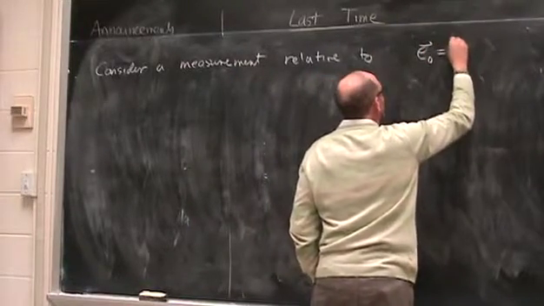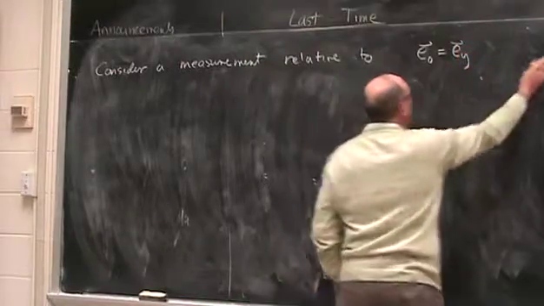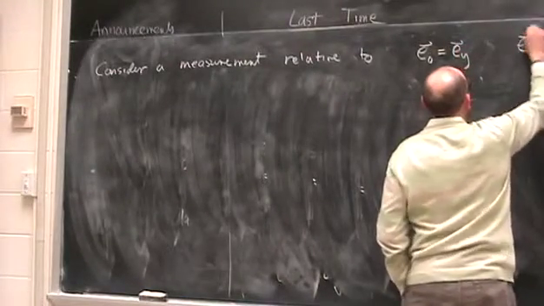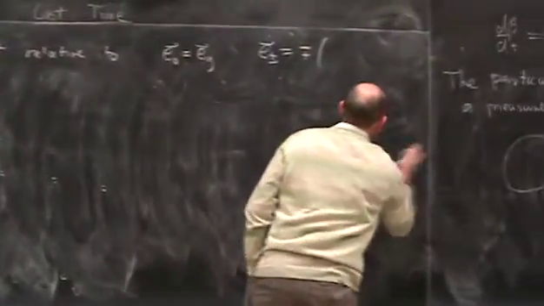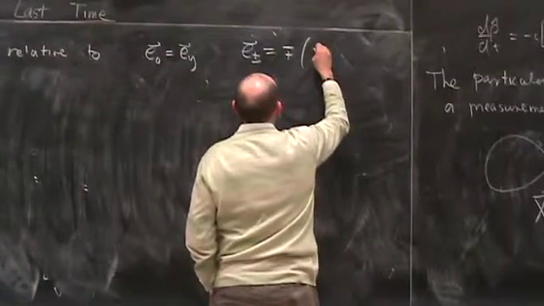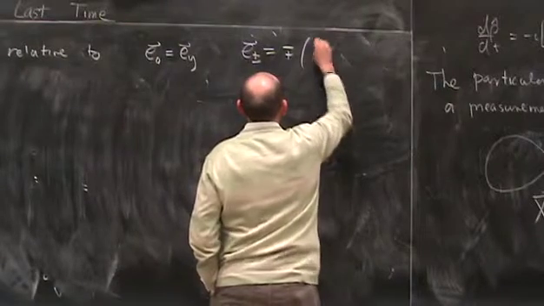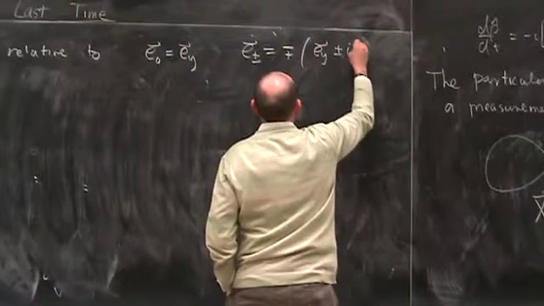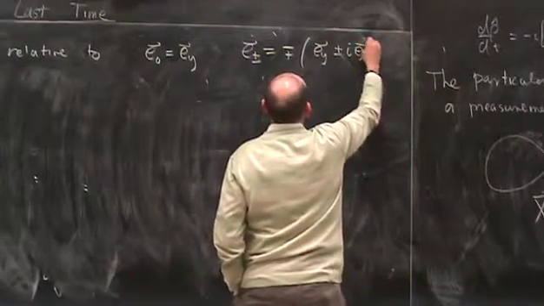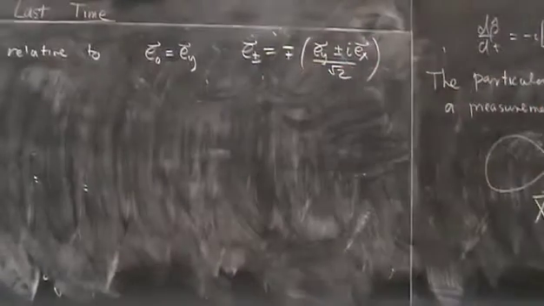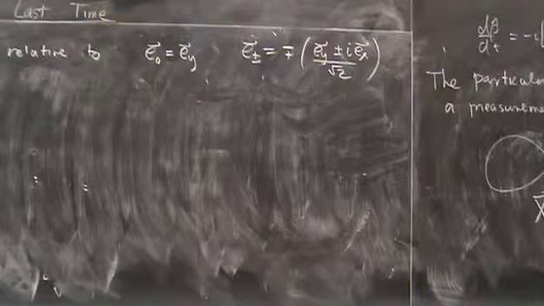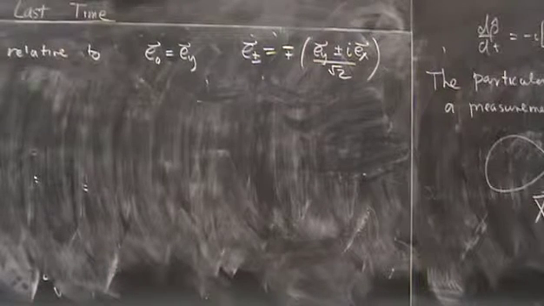I'm going to call the E0 axis Ey, and then E plus or minus equal to minus plus. That's a perfectly good way to analyze the problem.